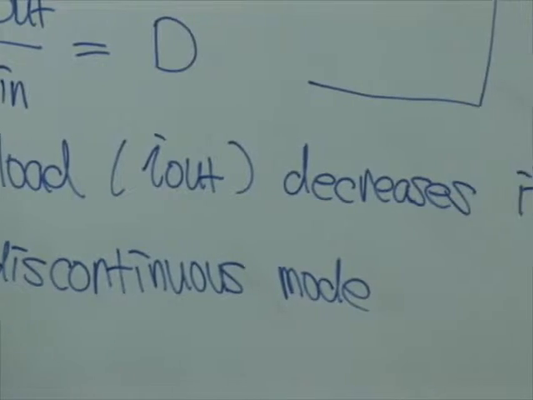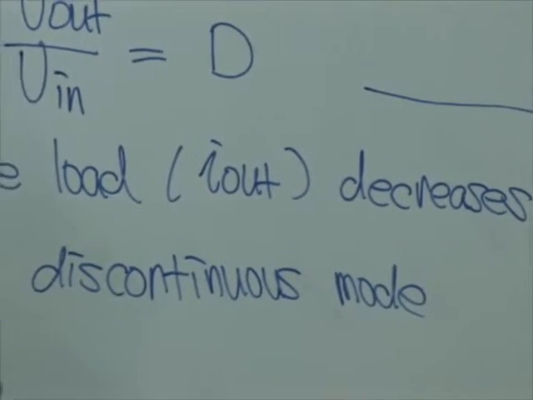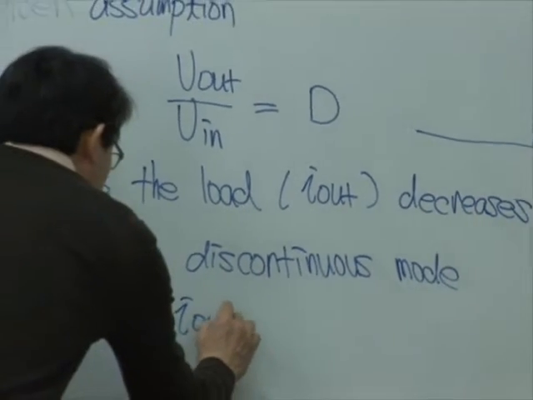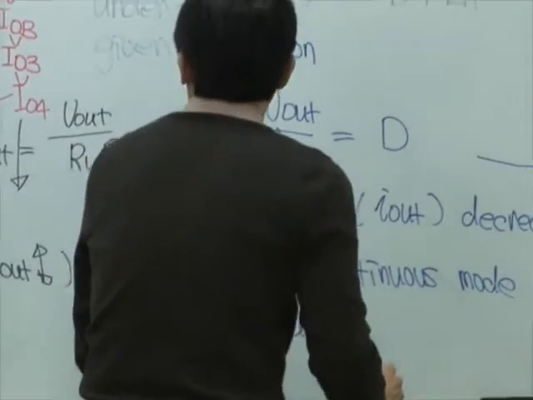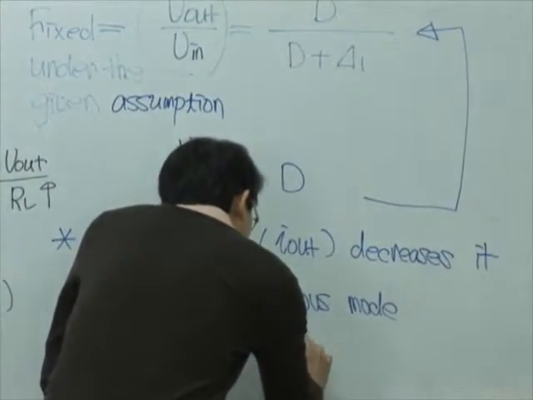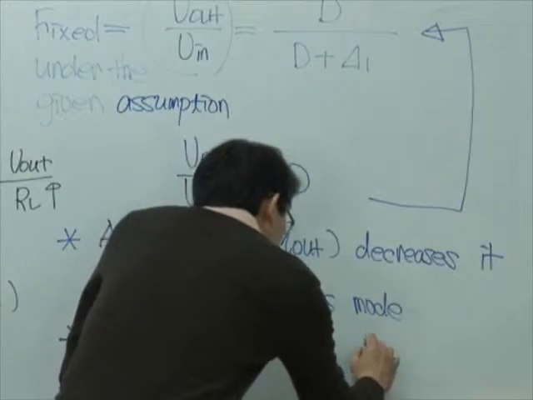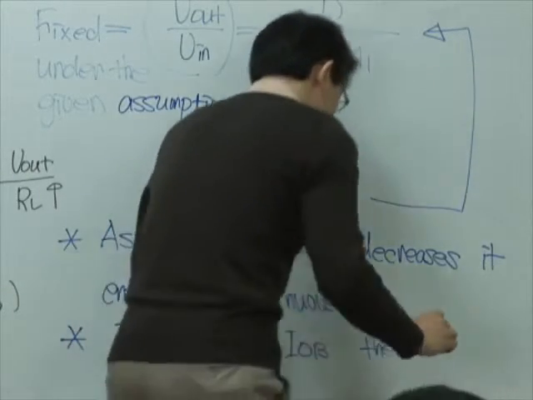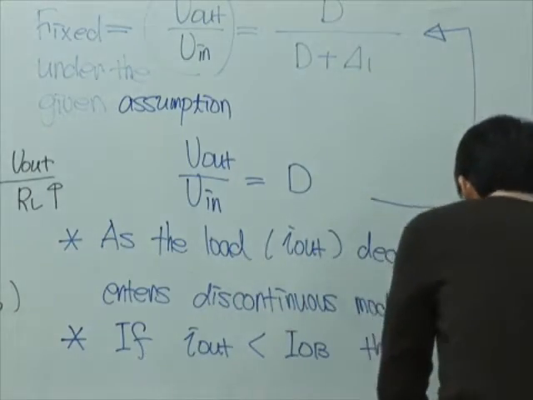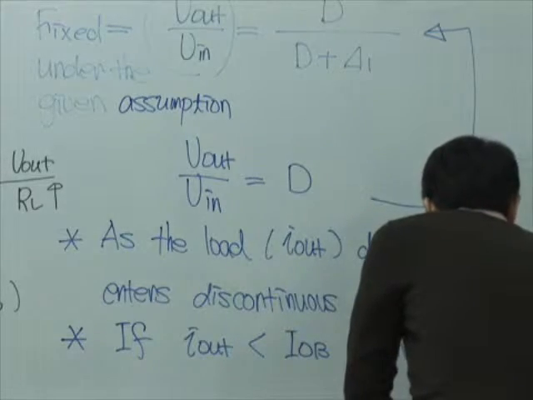In other words, if the output current is smaller than IOB, then discontinuous conduction mode.